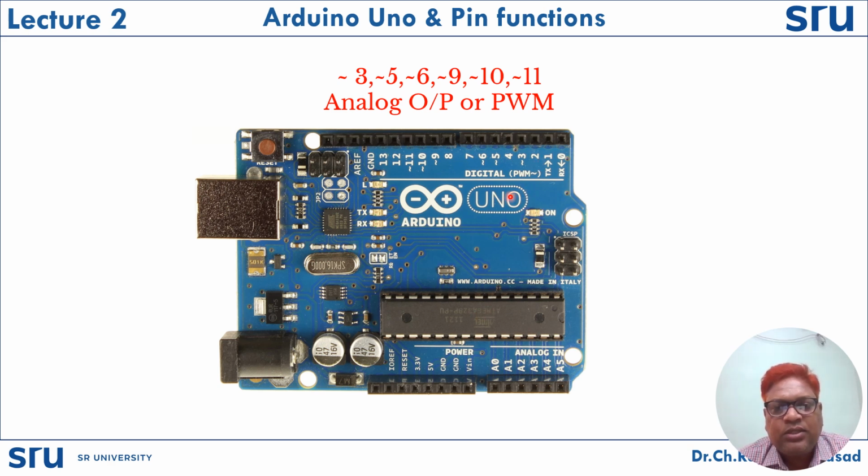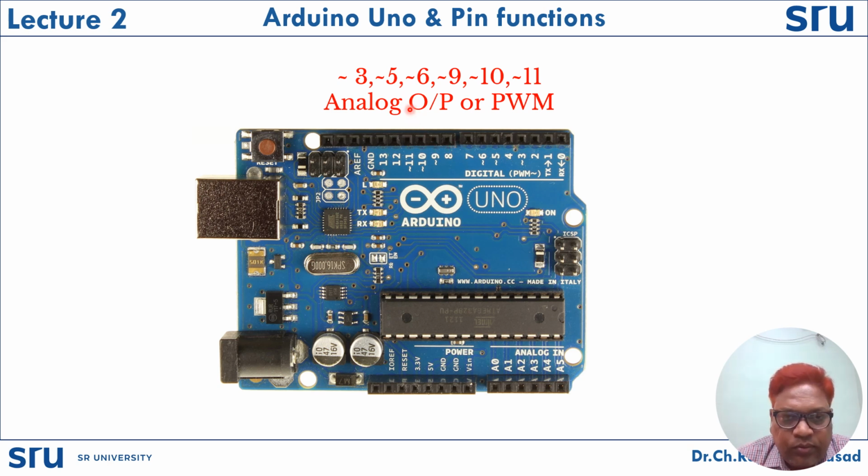All these pins are able to generate a voltage between 0 to 5 volts based on the input digital number. That input digital number ranges between 8 zeros to 8 ones, and they are able to generate a voltage between 0 to 5 volts.